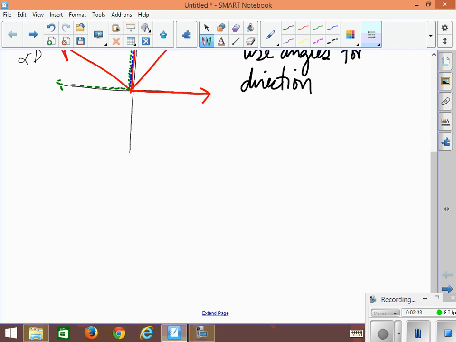And I think we already talked about this a little bit, all the different ways of using angles in 2D, right? So if you have a graph and you're trying to identify an angle, you measure from the positive x-axis. So for this particular vector, you measure from the positive x-axis, and the angle is represented by theta. That's how we do it.